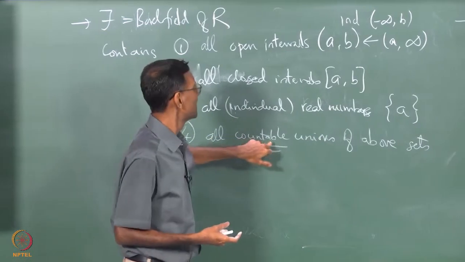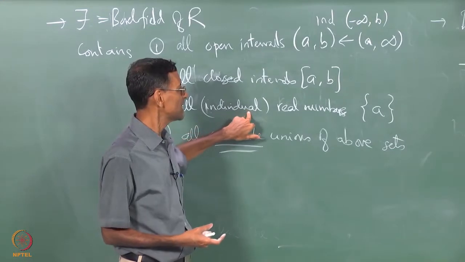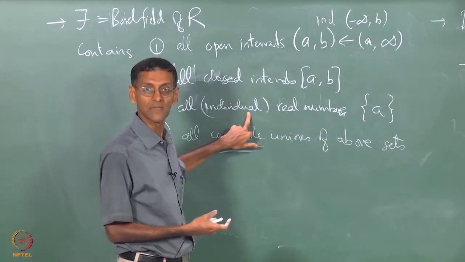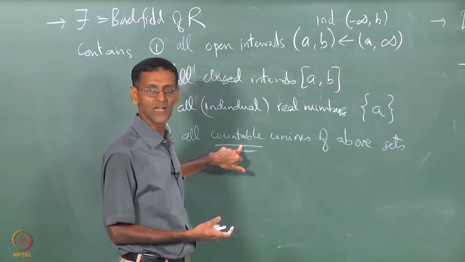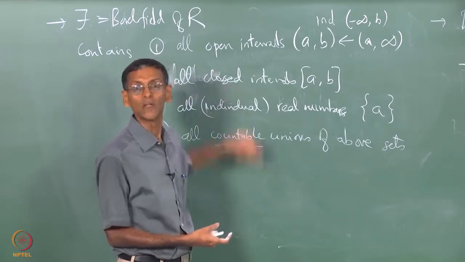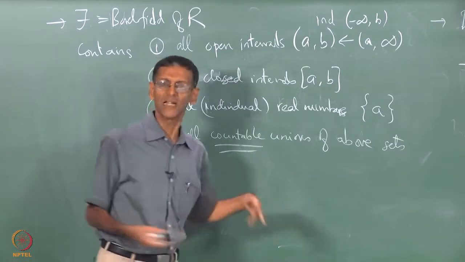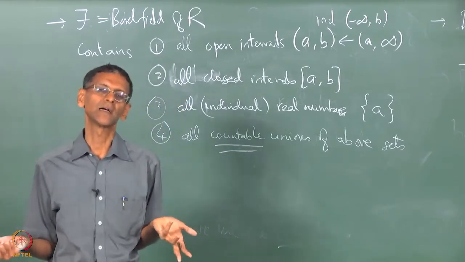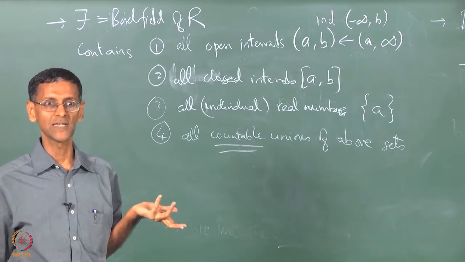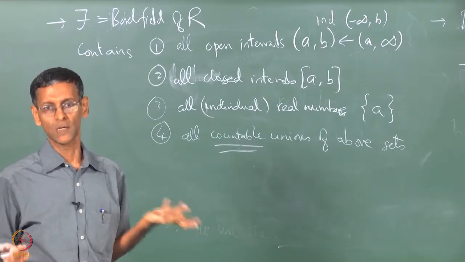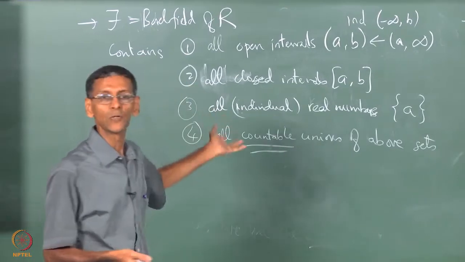So since the integers for example are a special case of real numbers, this countable union of the integers, like the set of all integers, is included, but that is not the only thing. You can have a countable union of irrational numbers, for example, things of that sort, they are also included.